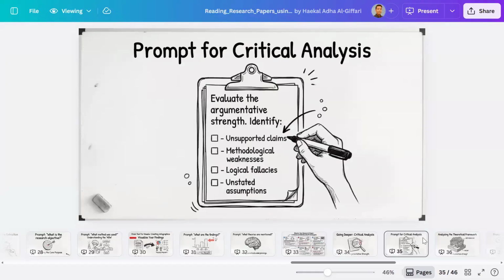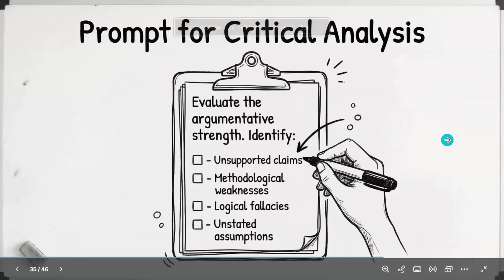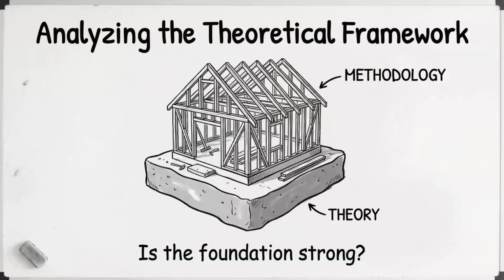Analyzing the theoretical framework is to find the theory, also because it's the same as when we put in the prompt and the AI will answer based on our PDF. See, this is my own prompt to find the theory based on our PDF.